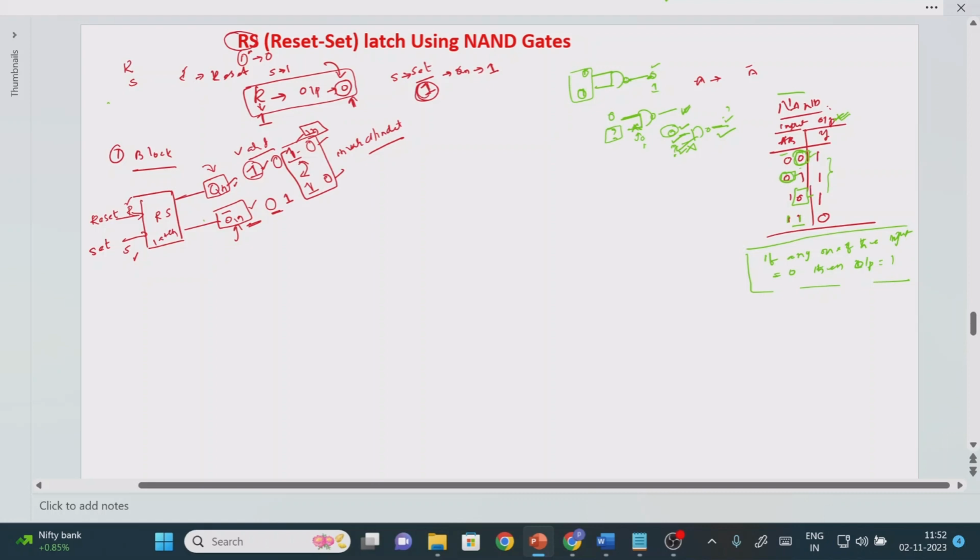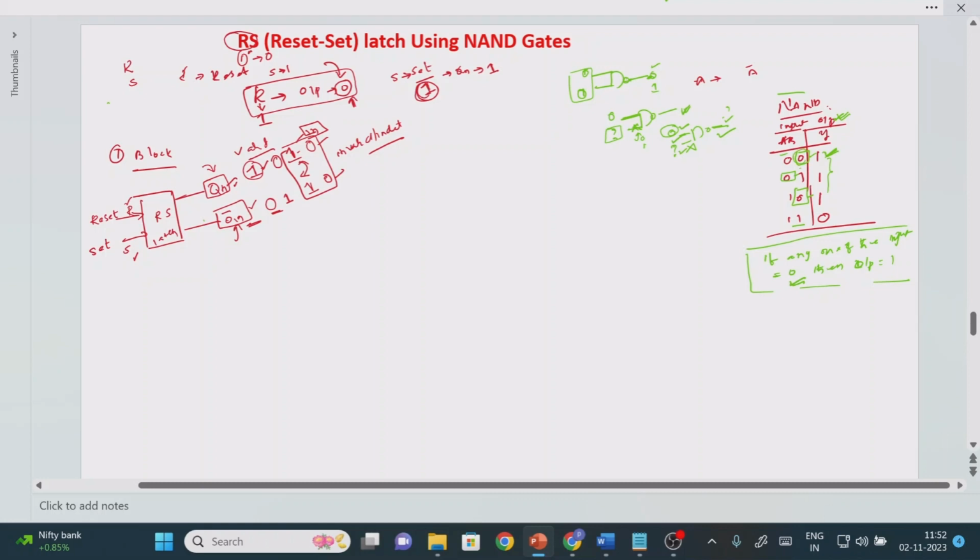If the second terminal is also 1, the output is 0; if it is 0, the output equals 1. So according to this representation, when any one of the input equals 0, directly you can decide the output equals 1. If you remember this rule, the remaining steps will be easy to understand.